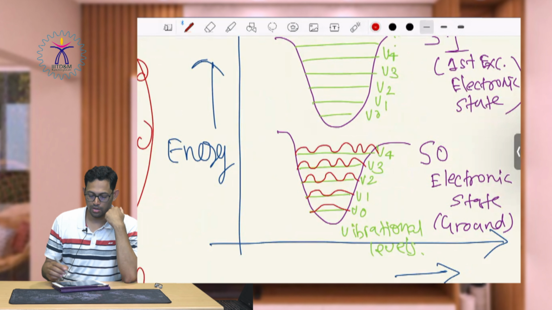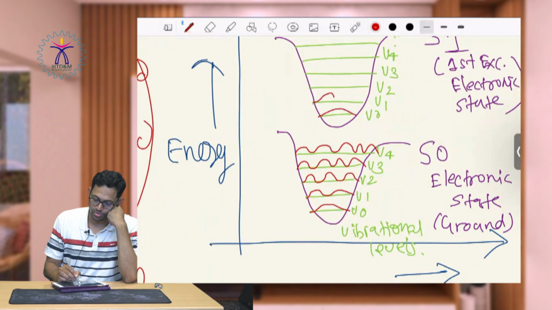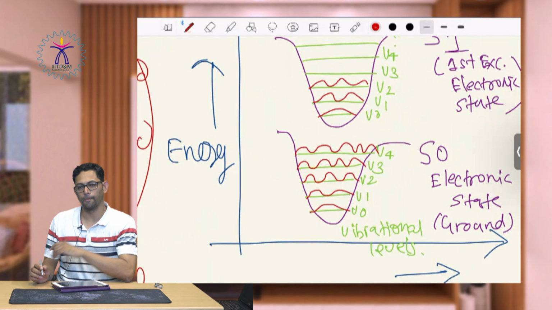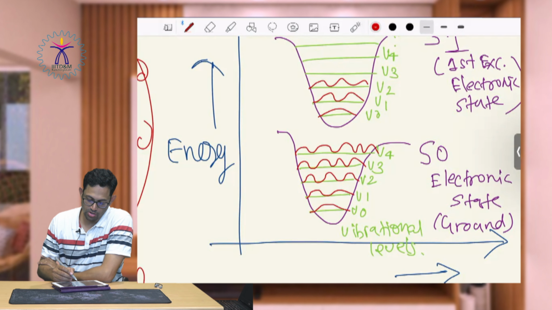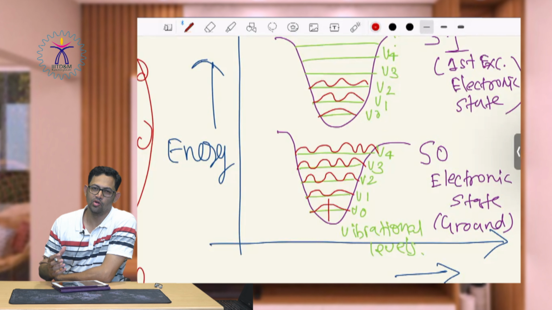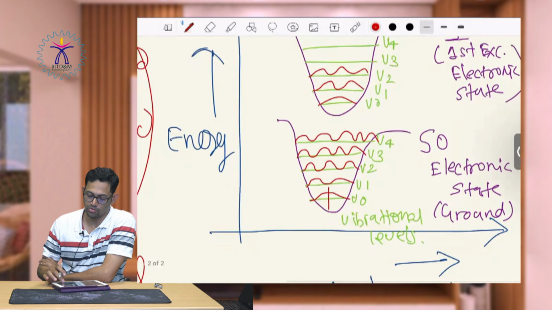Okay, similar to this, you will see something similar over here. So you have 2 peaks, then you have 3 peaks, and so on and so forth. Okay, so the peak represents the probability for the electron to survive at that particular internuclear space.